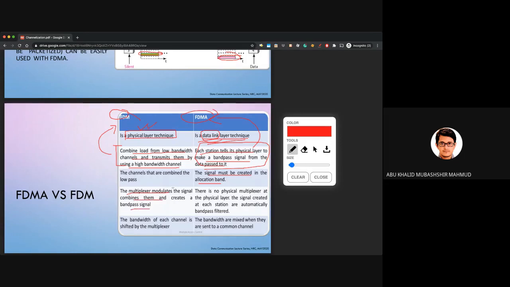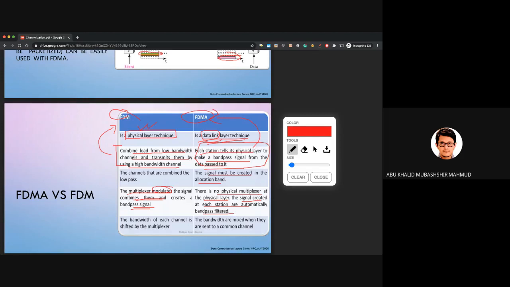The multiplexer modulates the signals, combines them, and then creates the bandpass signal. There is no physical multiplexer at the physical layer. The signals created at each station are automatically bandpass filtered.